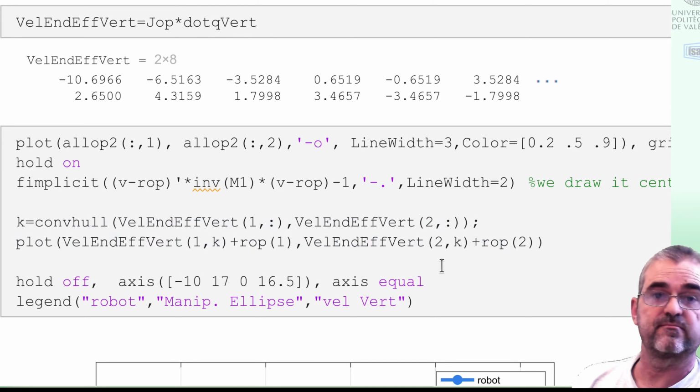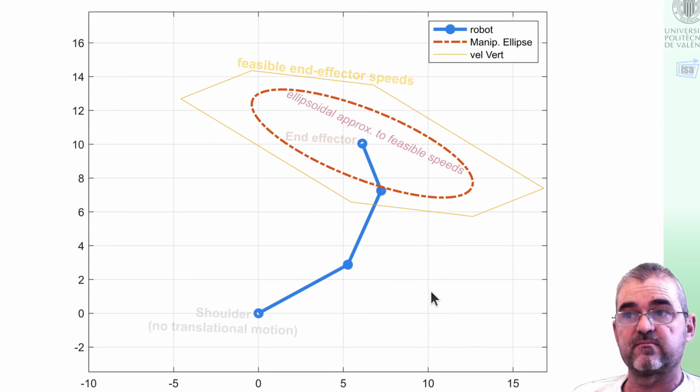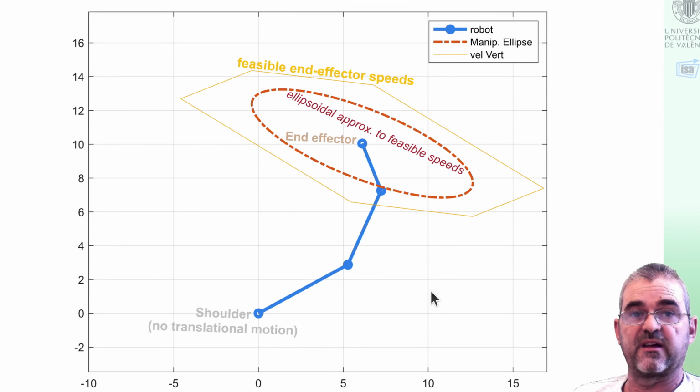Then, okay, with this code, we can plot the actual polygon, the unit cube multiplied by the Jacobian. So we can see that the ellipse approach is conservative. We can get larger speeds, but on the other hand, the ellipse allows me to connect with least squares problems, and maybe those least squares solutions are the ones that I might be using in real-time kinematic control of this, with the Jacobian and its pseudo-inverse.